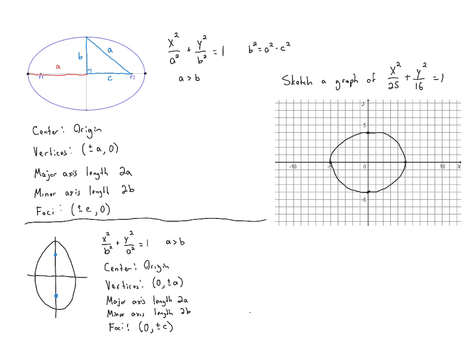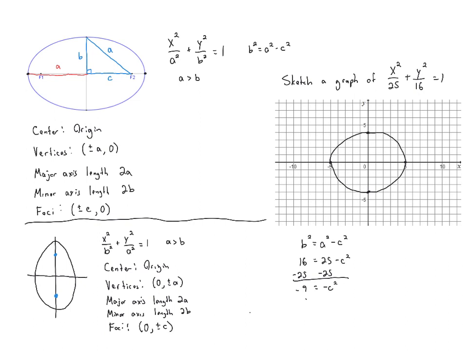And we weren't asked for the foci, but let's actually find the foci. We know that the foci satisfy b squared equals a squared minus c squared. b squared is 16, a squared is 25. So here, if we subtract 25 from both sides to get that c term alone, we get negative 9 equals the opposite of c squared.